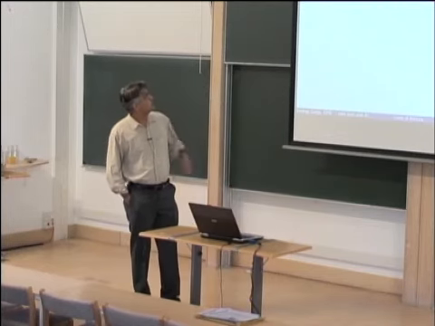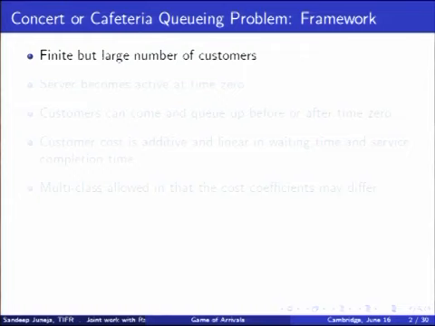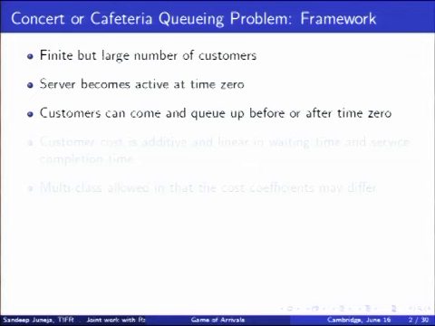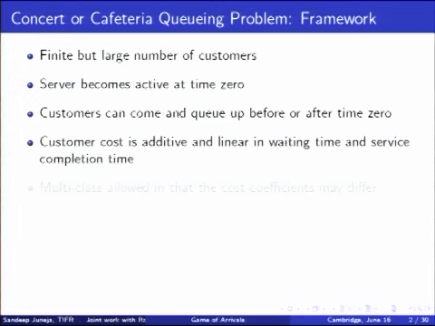In any case, the framework we are going to consider is we'll have a finite but large number of customers. We'll say that the server becomes active at a particular time, so let's call it time 0. Customers can queue up before or after time 0. So that's the flexibility customers have.